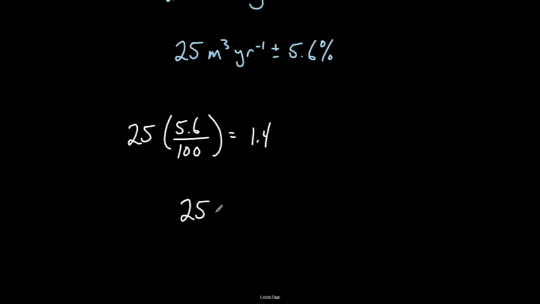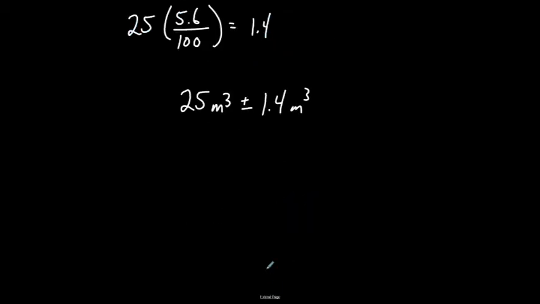So 25 meters cubed plus or minus 1.4 cubic meters. Now would I leave it like that? Do you think? We're putting too much precision on here. We don't have that much precision on this value. So this then is just going to round to the value on here with the most precision. Okay? So we'll leave it at 25 cubic meters plus or minus 1 cubic meter per year.